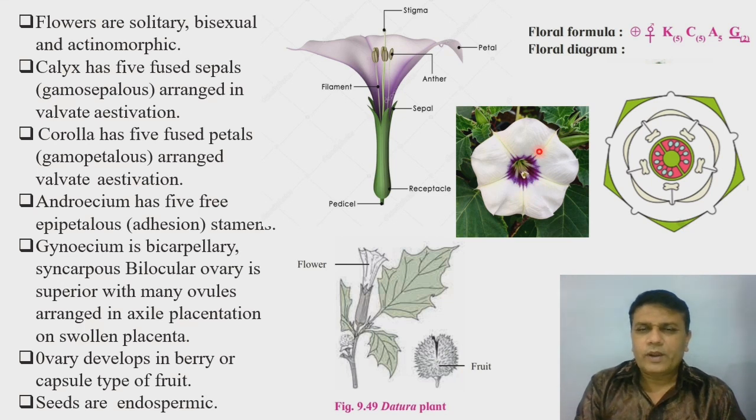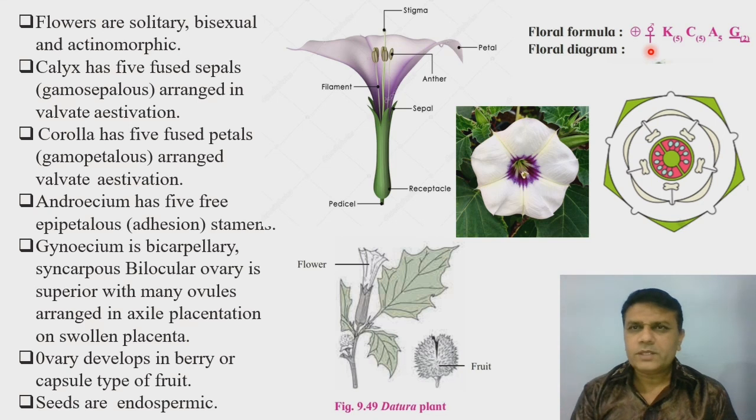Hence such a flower is called actinomorphic. Then this symbol indicates that the flower is bisexual. That means it shows androecium, that is the male reproductive part, as well as gynoecium, that is the female reproductive part.